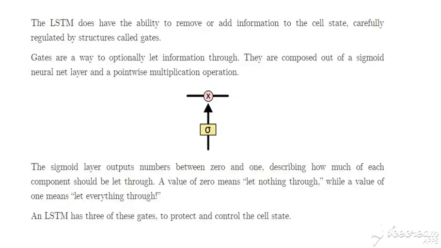A sigmoidal layer outputs either 0 or 1. 0 means let nothing through, and 1 means let everything through. Or sometimes, depending on what application you are running, 0 means just discard the output and the previous state output, and 1 means just use that output for the next state.